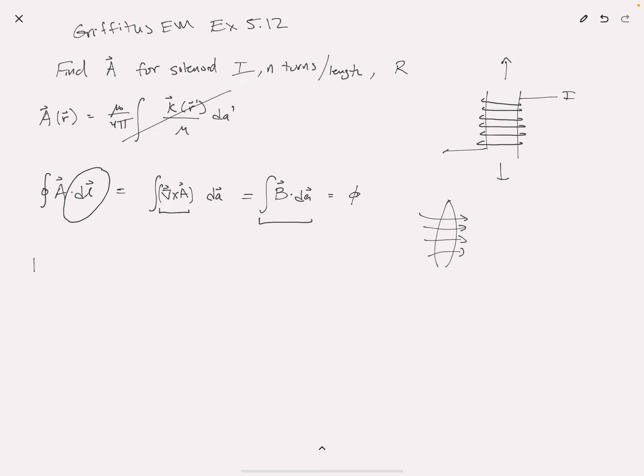We know that for an infinite solenoid, the magnetic field is mu naught NI in the z hat direction, where we're calling this the z hat direction. That's inside, and then outside of our solenoid, our magnetic field is 0.